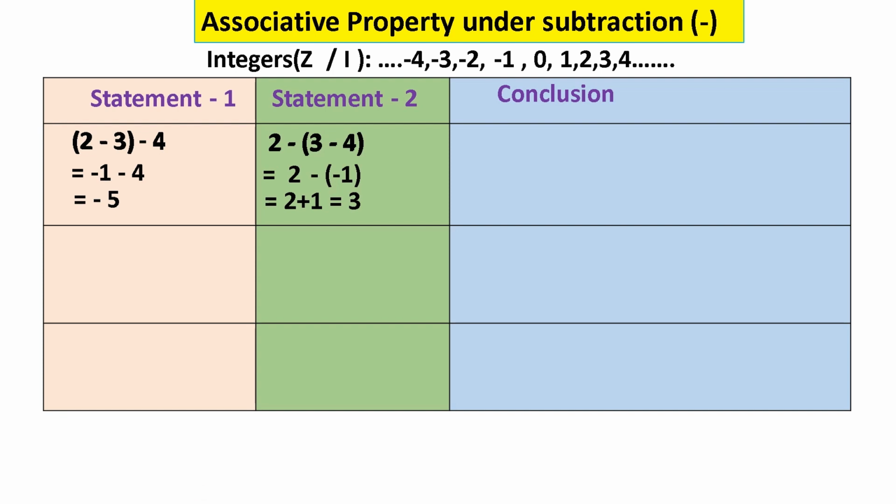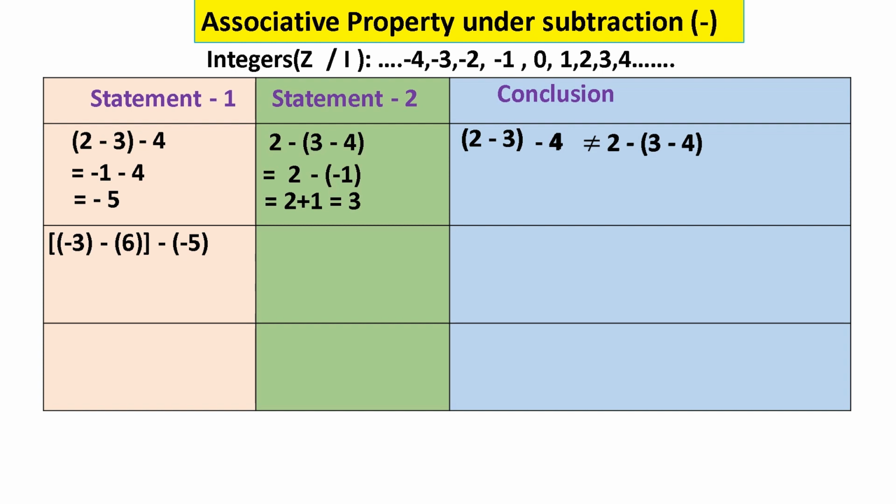Now we observe that in statement 1 it is minus 5, and in statement 2 plus 3. Both are not equal. Now we conclude that 2 minus 3 minus 4 is not equal to 2 minus of 3 minus 4.